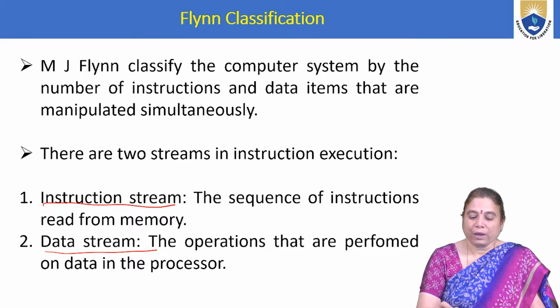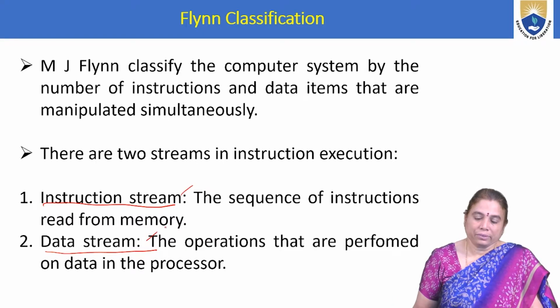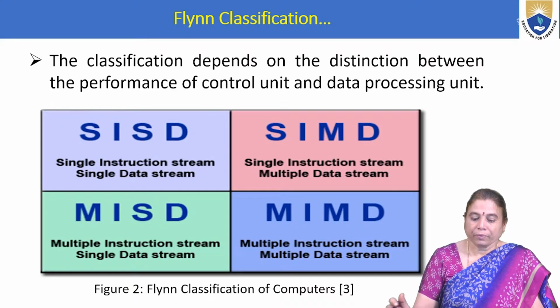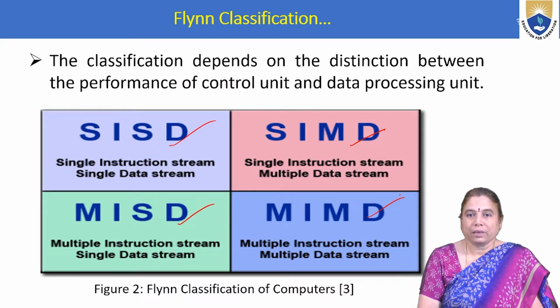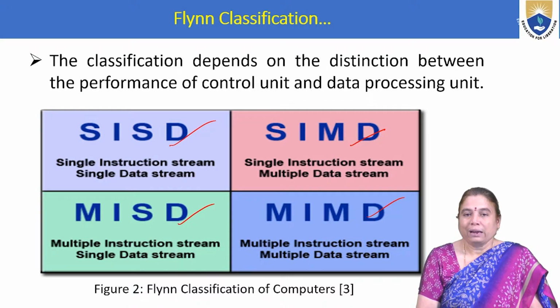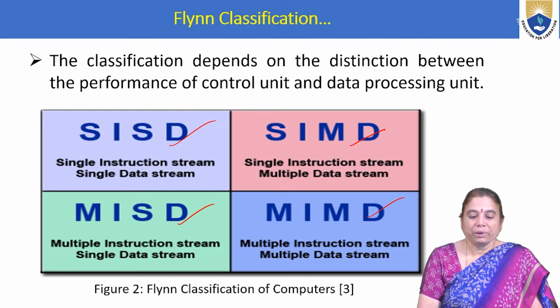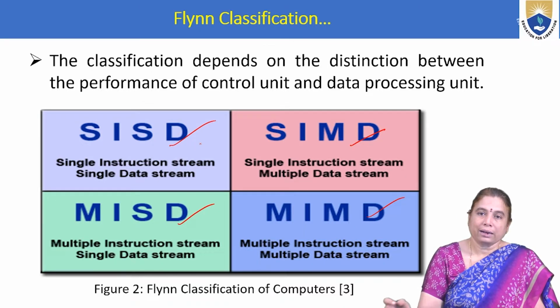Based on these two factors, Flynn classifies computers as SISD, SIMD, MISD, MIMD. So, four categories are specified by Flynn. The classification depends on the distinction between the performance of the control unit and the data processing unit. The first variety is SISD, the single instruction, single data stream computer organization.